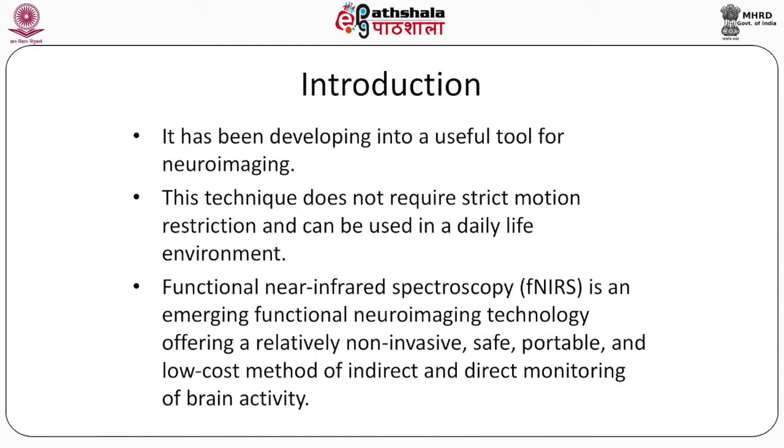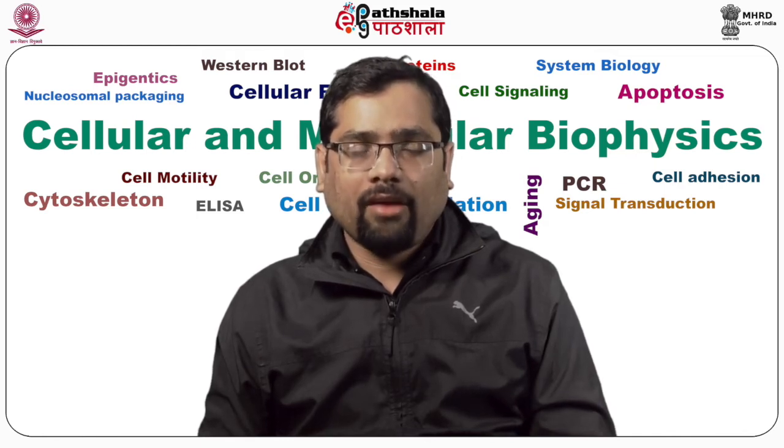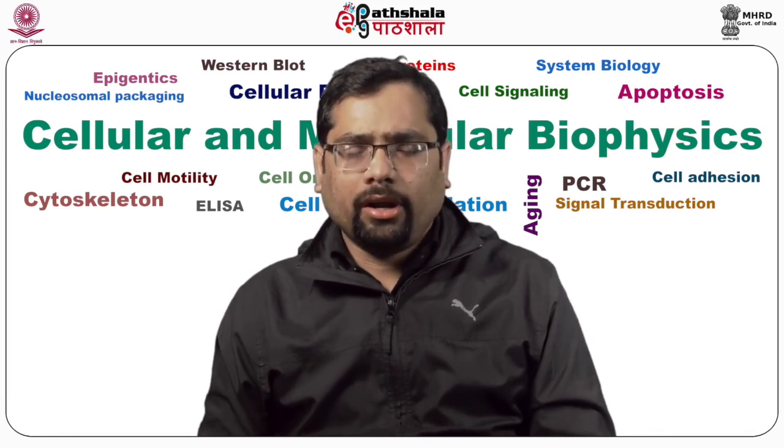It is a low cost method of indirect and direct monitoring of brain activity. So, these four or five characteristic features are very important in fNIRS: non-invasive, safe, portable, low cost, and it takes account of indirect and direct monitoring.